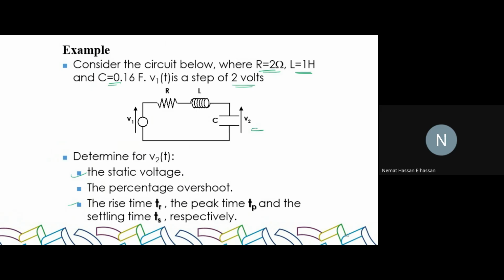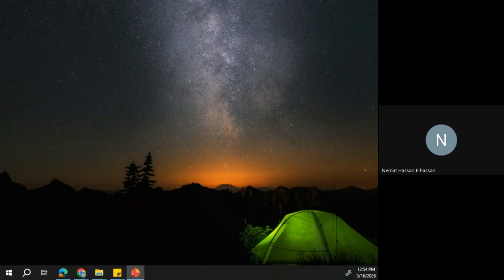So let's start with the first expression, the static voltage, but first let me copy the circuit and the values just to give myself some working space. Okay, so this is the circuit.